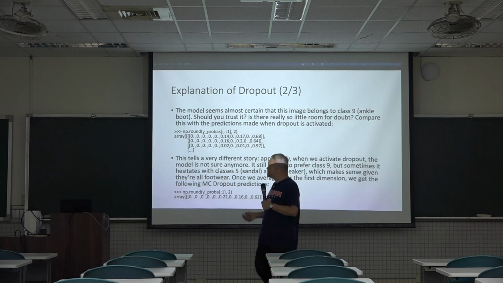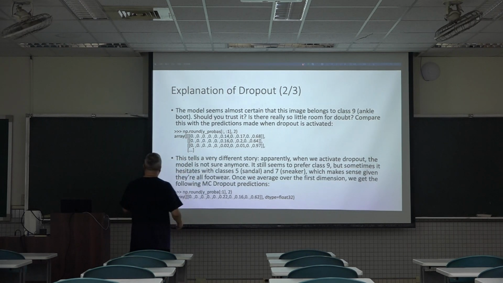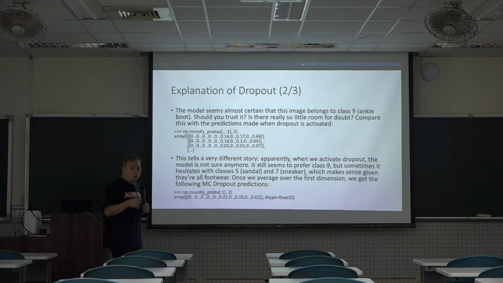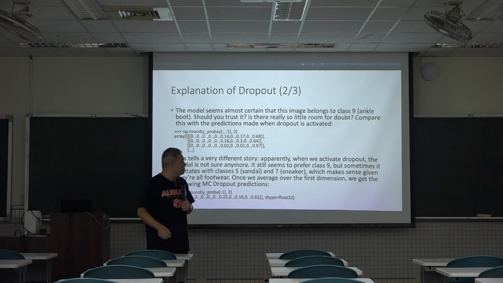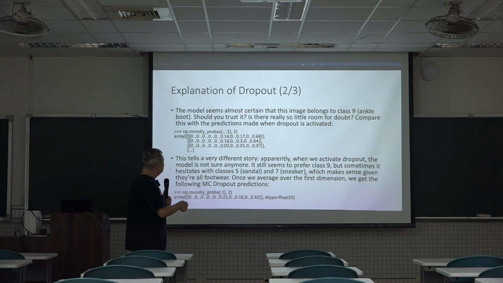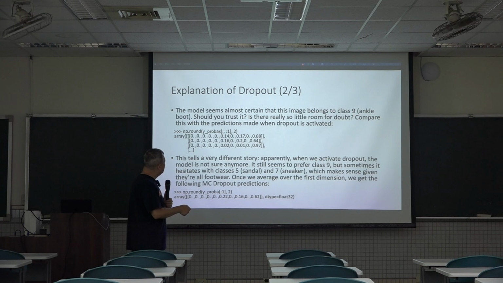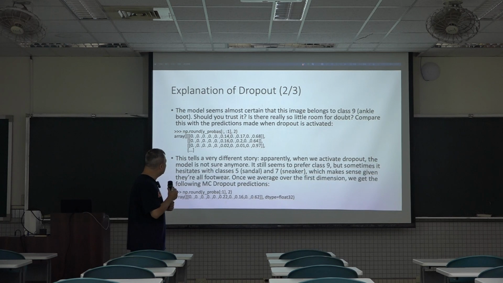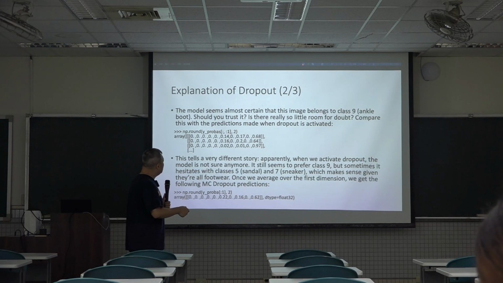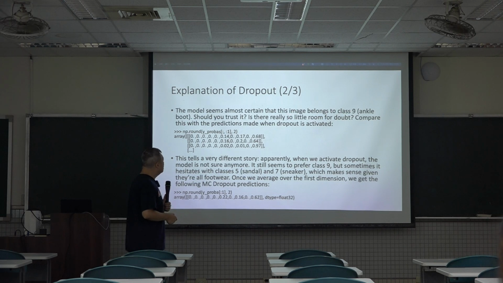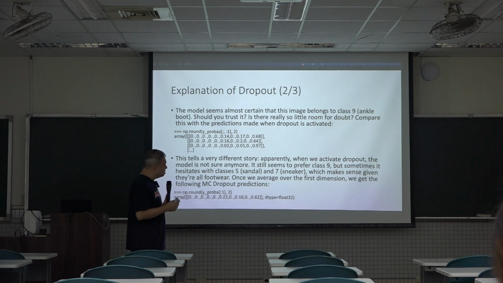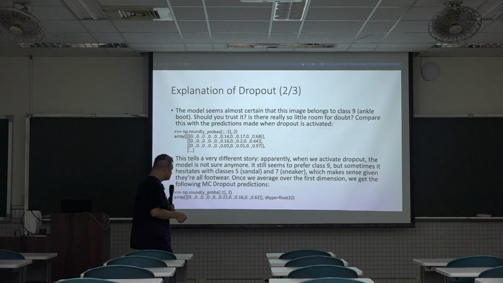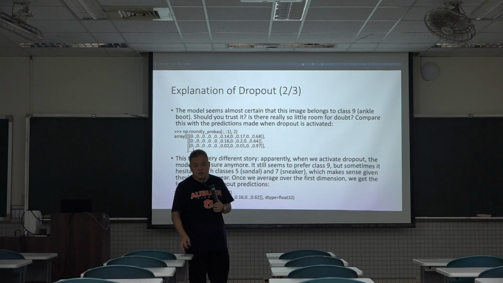What is this instance? It is an ankle boot. So it knows this image belongs to class 9 with a very positive probability, but it also says it could be class 7.